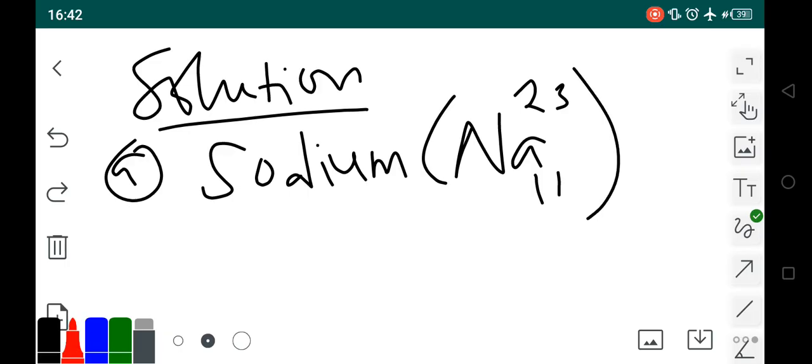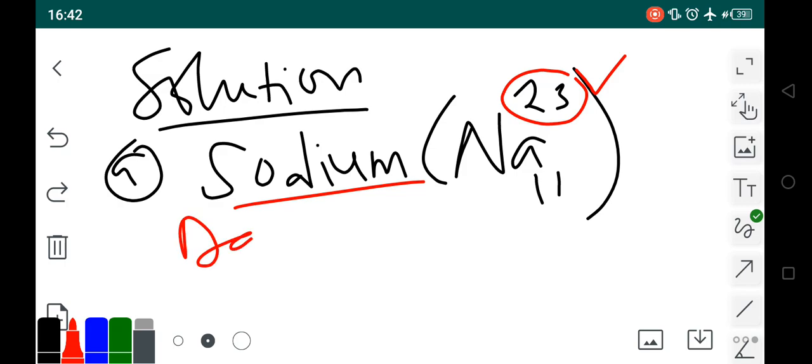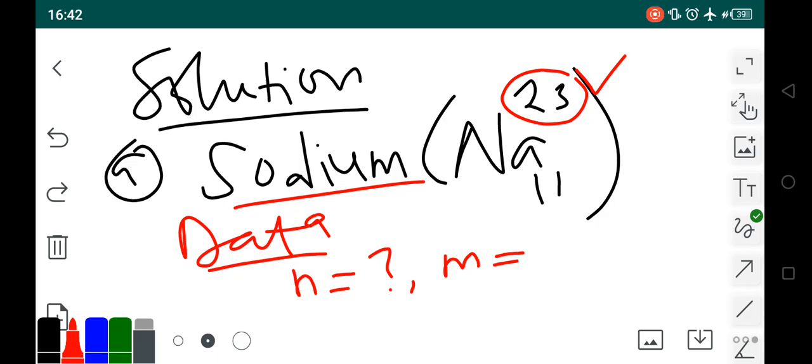When you check your periodic table, you'll see this appearing on it. So the mass of sodium is 23. Now, our information is this: N means the number of moles, that's what you're looking for, and M is just the given mass, and in the question it is 10 grams.